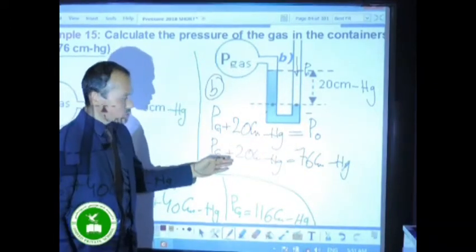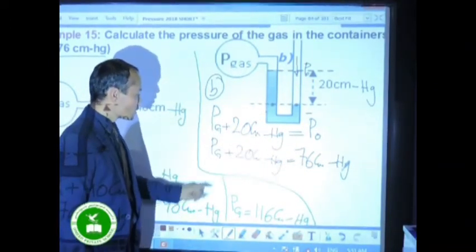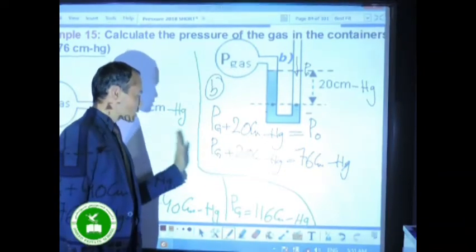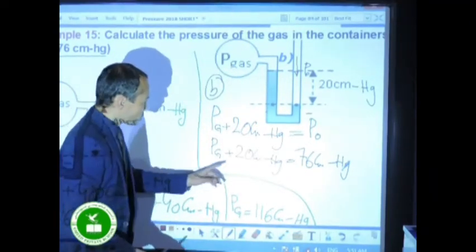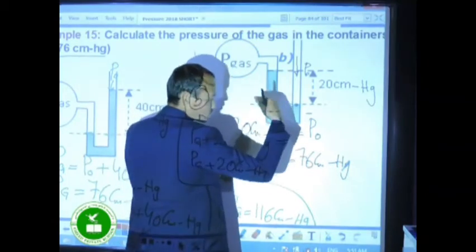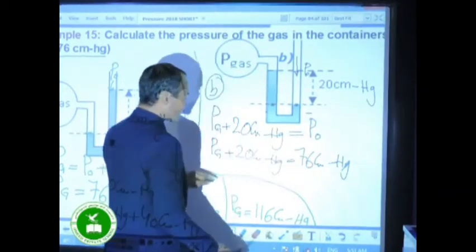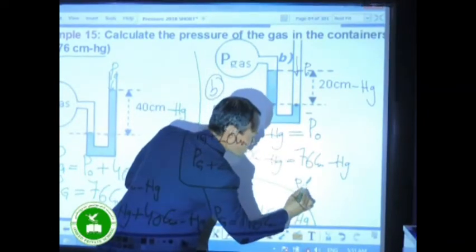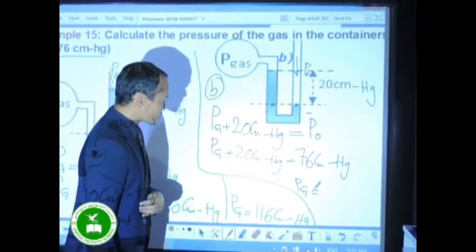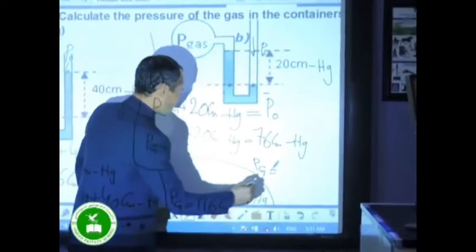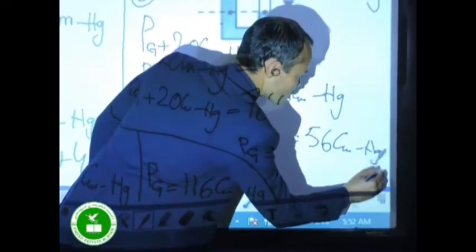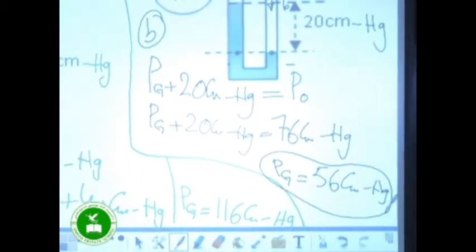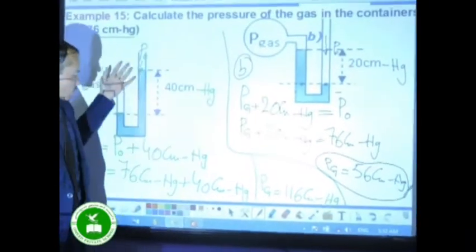We have to take known values to one side and variables to the other. Only P gas is variable, so it stays on the left side, and known values go to the other side. Here it is plus, so if we take it to the right side, it will be minus. Then P gas is equal to 76 minus 20, which is 56. Okay, these are the results of these two examples.